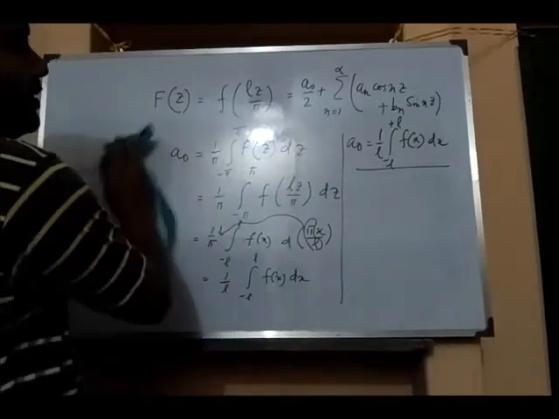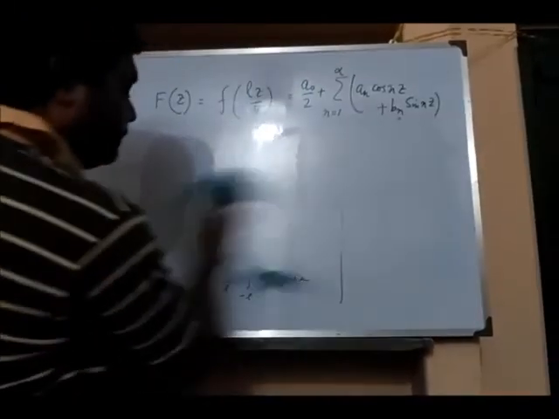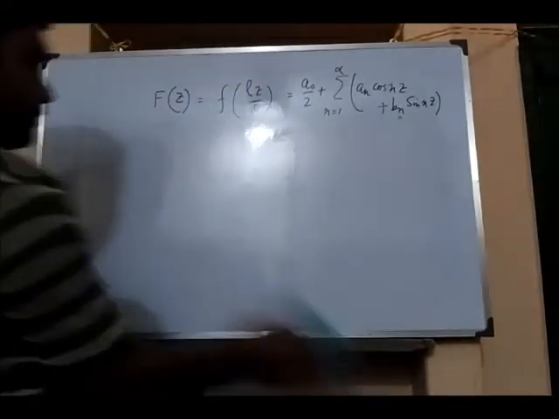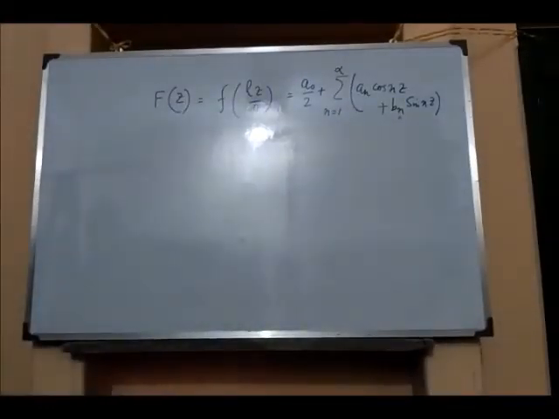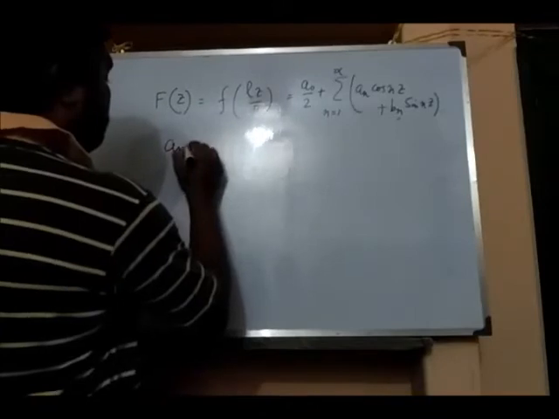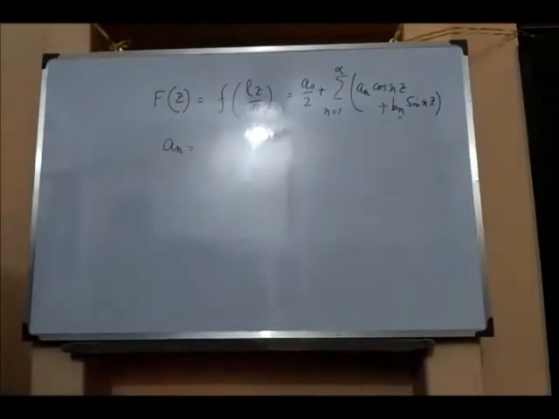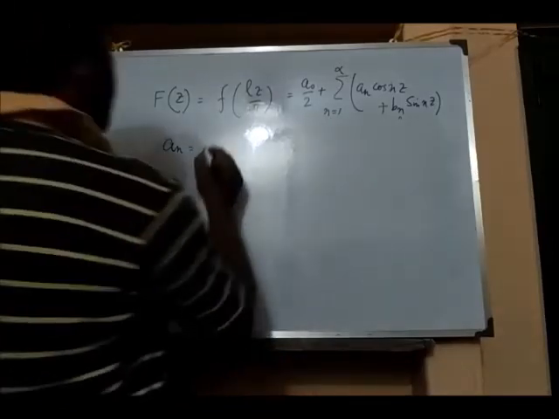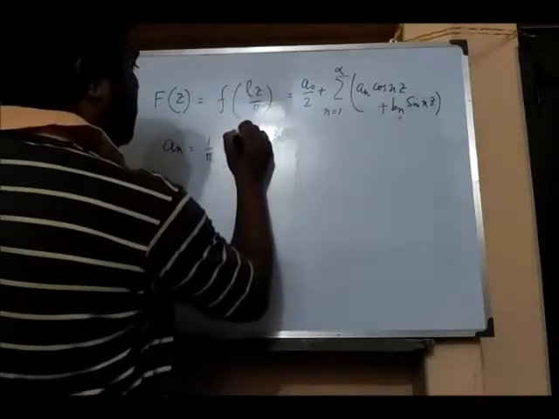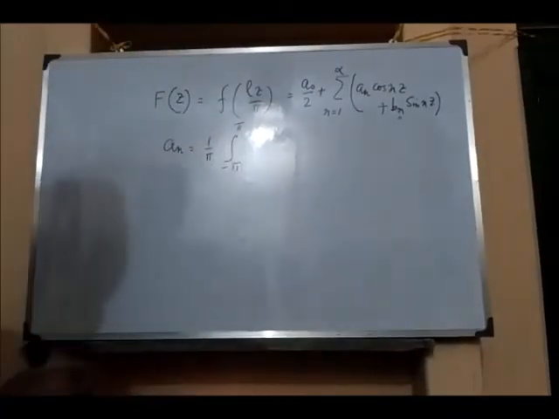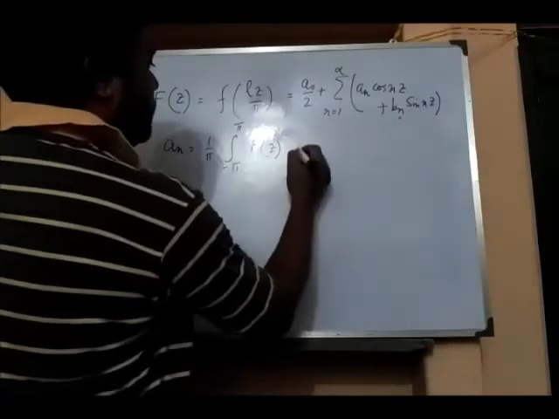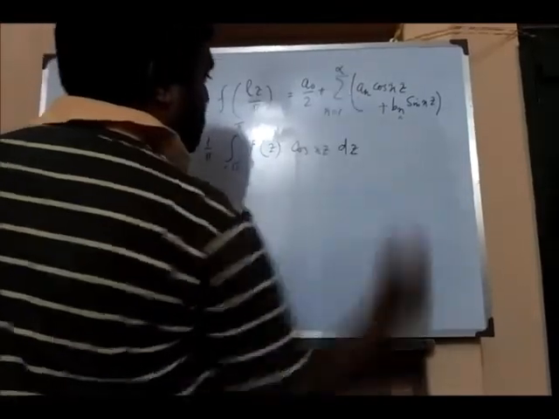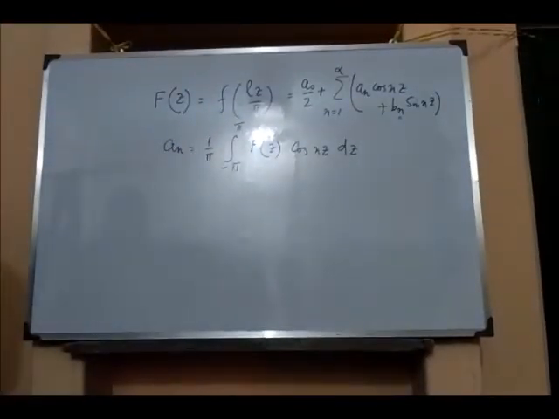Now, what is the value of this an? In the similar way, an will be 1 by pi, integral from minus pi to plus pi of F(z) cos nz dz.